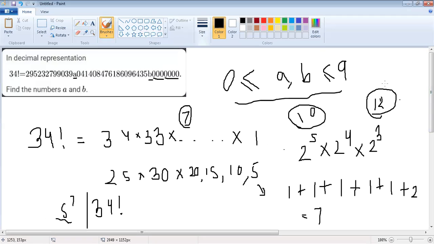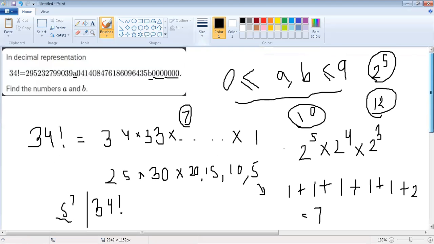Now since we are left with 2 to the power 5, we can do some divisibility tests to arrive at the result. Now see, let's suppose I write the number like this.